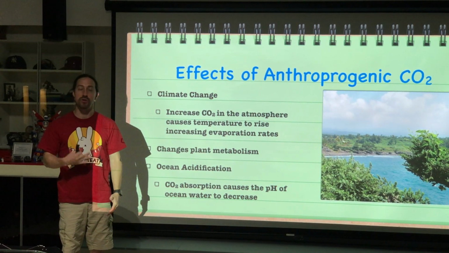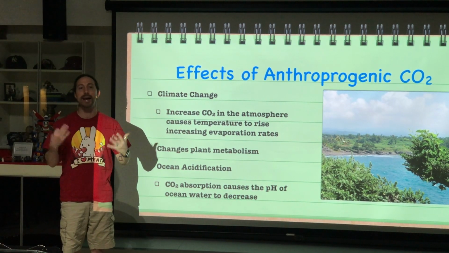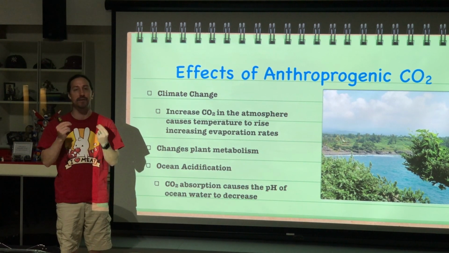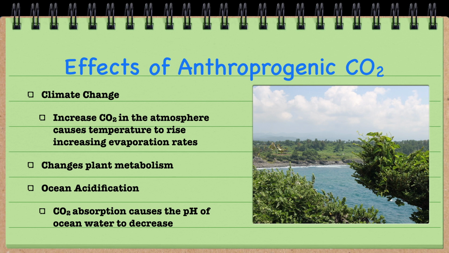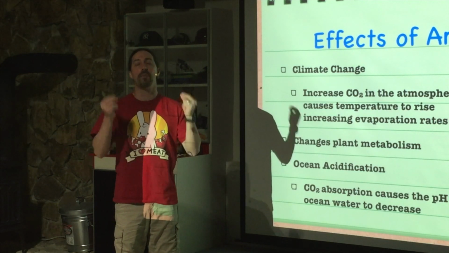Organisms that live within the ocean, many of them have a calcium carbonate shell, and that calcium carbonate shell cannot exist in a slightly acidic environment. It will dissolve right away. And that's one thing that causes organisms like crustaceans or other shellfish to just die as the oceans get slightly more acidic. Remember, this is a very, very fragile balance.